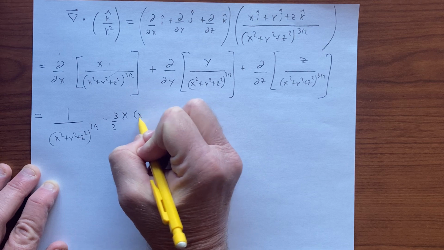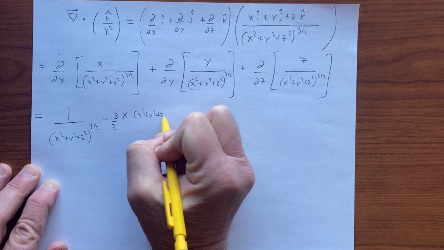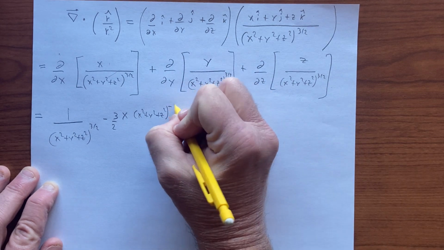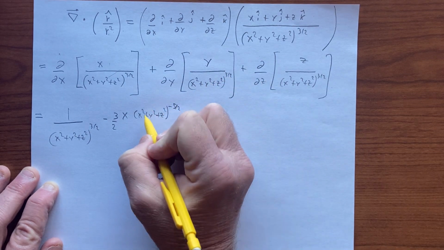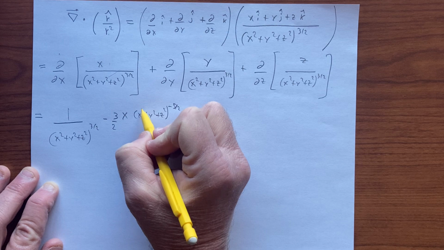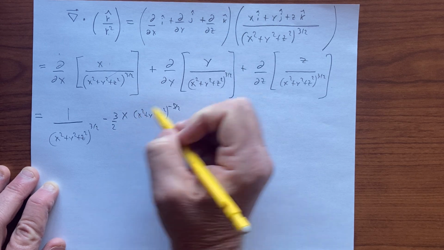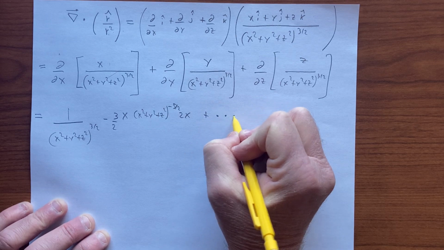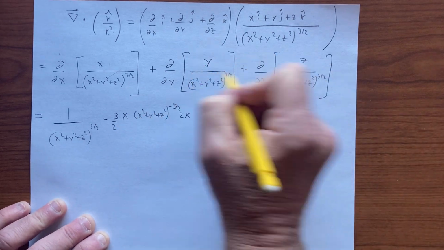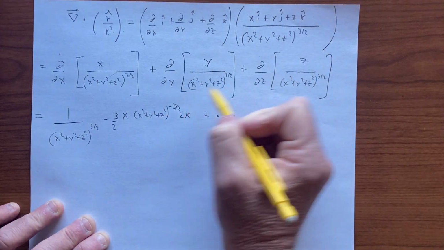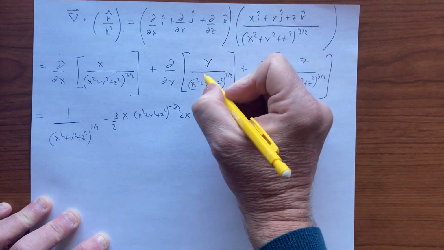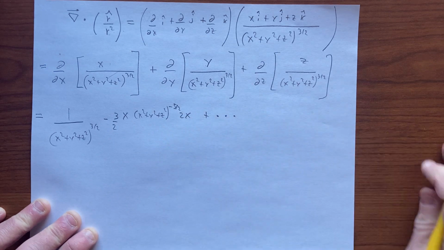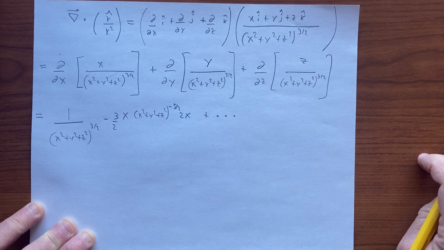And then we have the x squared plus y squared plus z squared, that's to the minus 3 halves. So we do minus 1, we get minus 5 halves. And then we apply it to, we're doing a d by dx, so we get a 2x from that. And then, of course, by symmetry, we have something similar for these other two, but in terms of y, as opposed to x, and z, as opposed to x and y. So let's see, what does that give us?